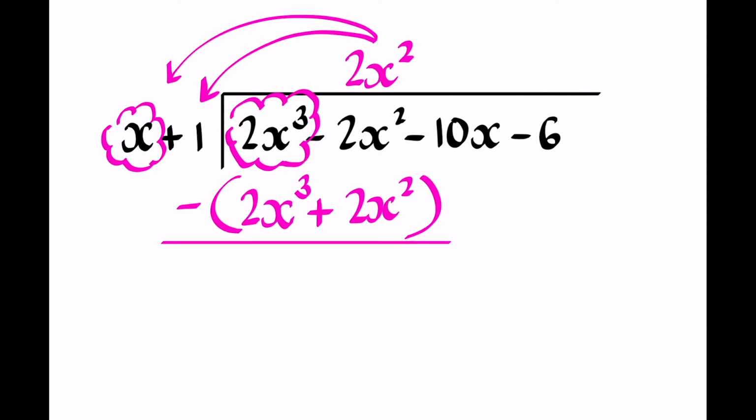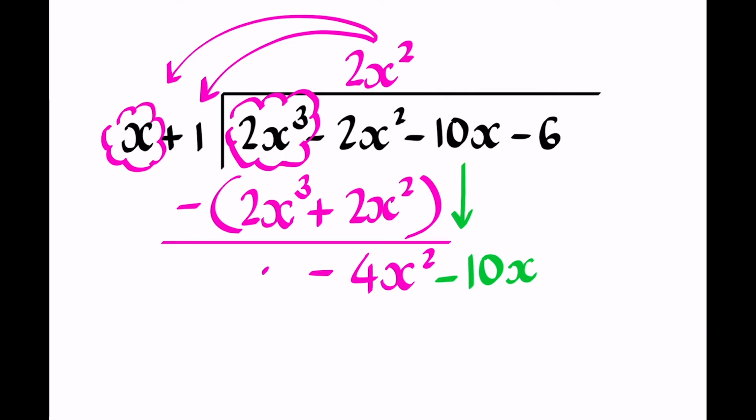So 2x cubed minus 2x cubed is nothing, so it cancels out. And minus 2x squared minus positive 2x squared, which is minus 2x squared minus 2x squared, is negative 4x squared. Now I'm going to take my negative 10x and carry it down. So I carry down my negative 10x.